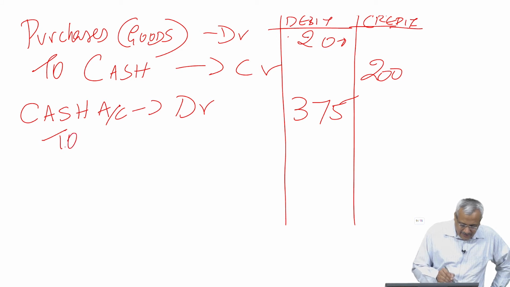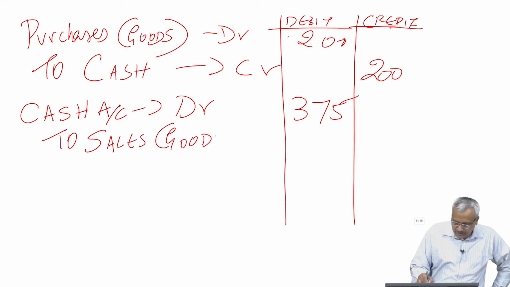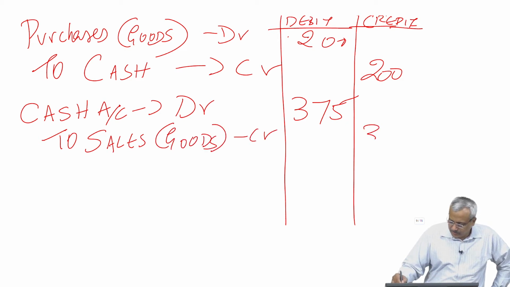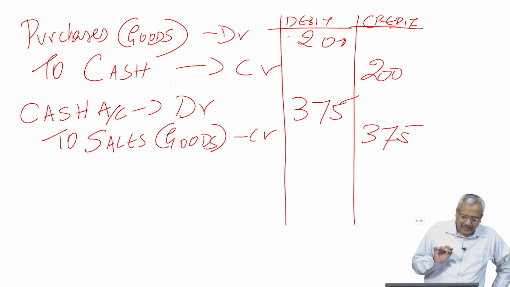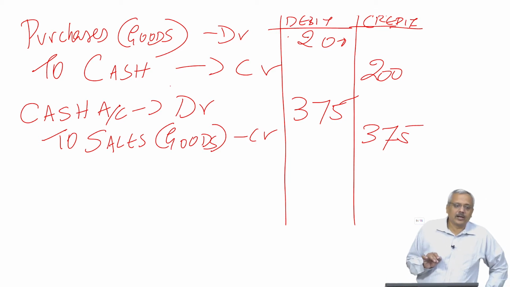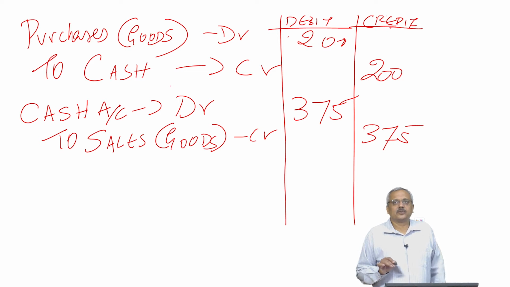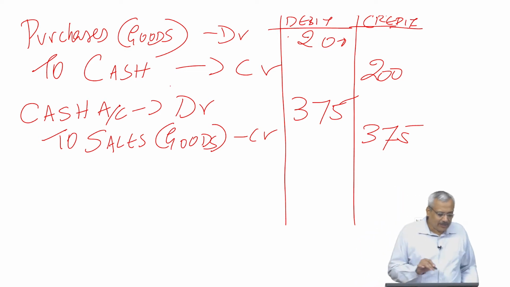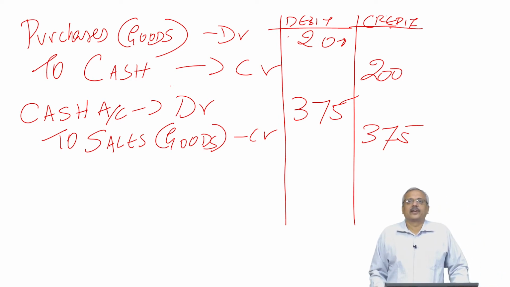The other asset that is affected is your goods, which are going out. Debit what comes in, credit what goes out. Cash has come in, so you debit it. Sales is going out, that is goods are going out, so you have credited that part. That is what we have done in this particular case.